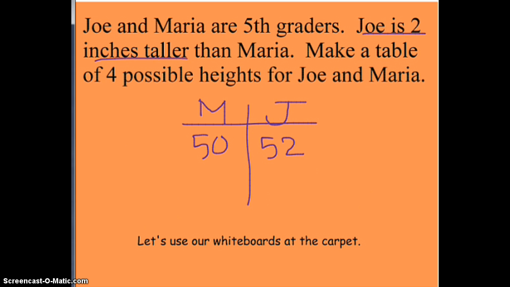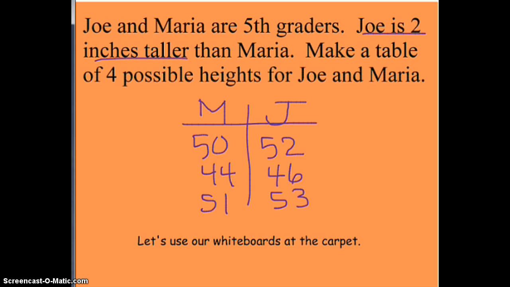Now on your paper, go ahead and fill in the table with a couple more possibilities that would work. I'll have you push pause while you do that. Okay, did you come up with a couple? Yours might match mine and they might not. If Maria was 44 inches, 2 more than that, Joe would be 46.